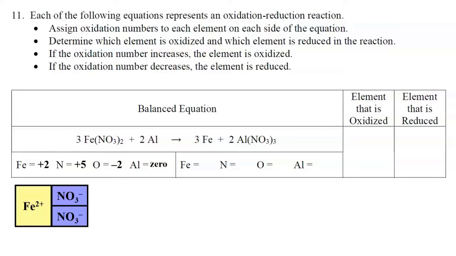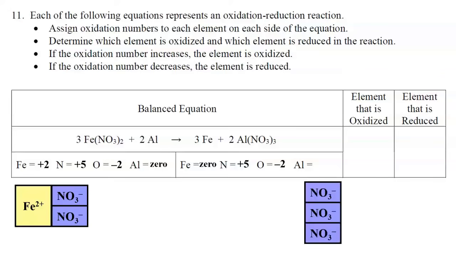On the other side of the equation, now iron is in elemental form, so that would be 0. We still have the nitrate ion, so that's still going to be +5 and -2 for those elements, nitrogen and oxygen. And now the aluminum is paired up with 3 nitrate ions, so therefore the charge on the aluminum ion would be +3. All right, let's see what changes.